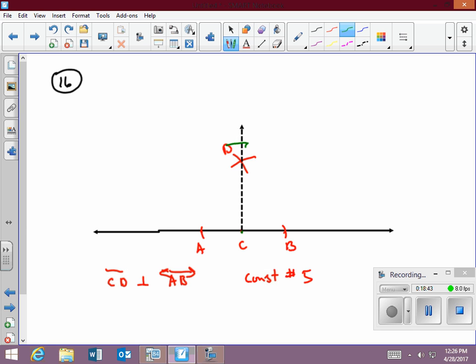We'll run an arc around there. I think you need the actual compass to get a proper degree. I've got to think about how I do this.